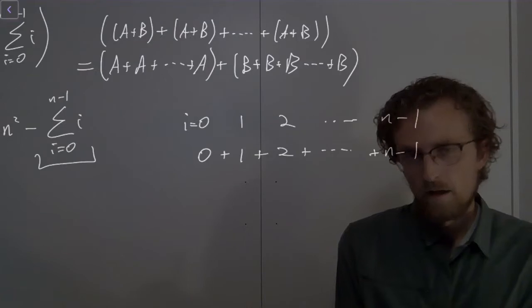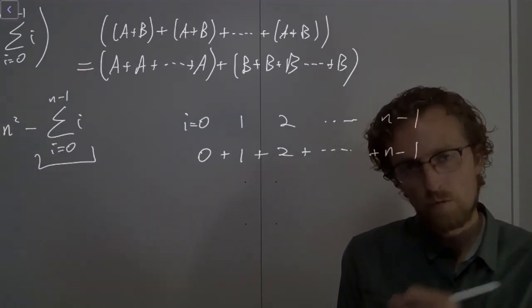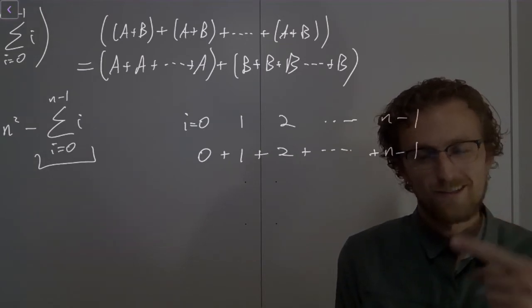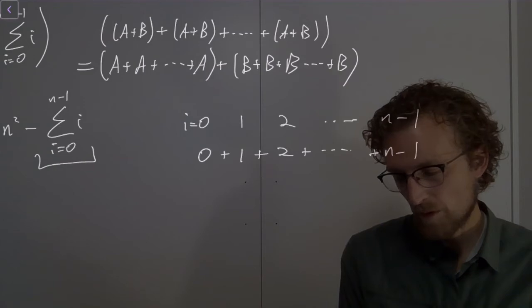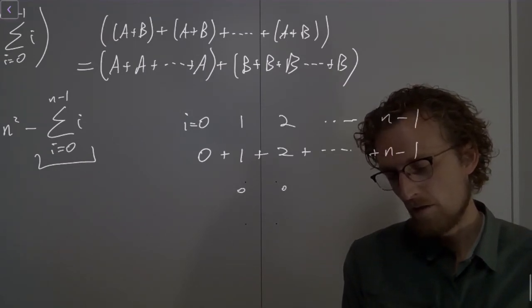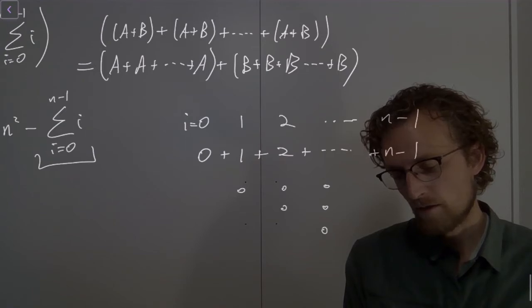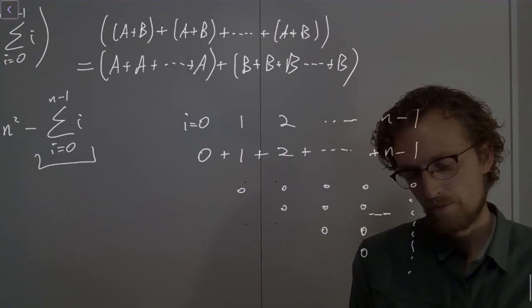Right? This is a triangle. So what do I have? If I were to write this out in unary, where I have one symbol and I write down the number of symbols to represent the number, this looks like nothing plus a dot plus 2 dots plus 3 dots plus 4 dots, all the way up to n minus 1 dots.